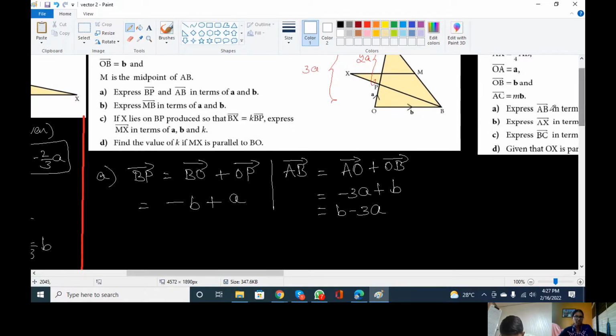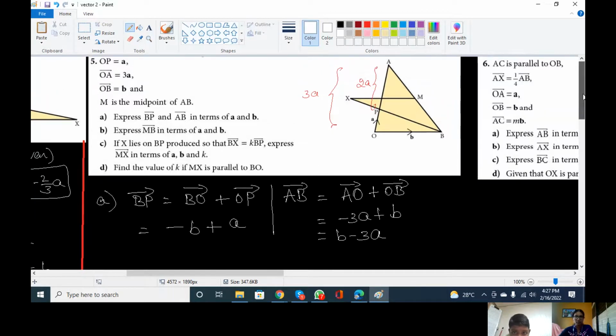Next one. Express MB in terms of A and B. MB, M to the B here. MB can be written as half of AB, isn't it? Because M is the midpoint.